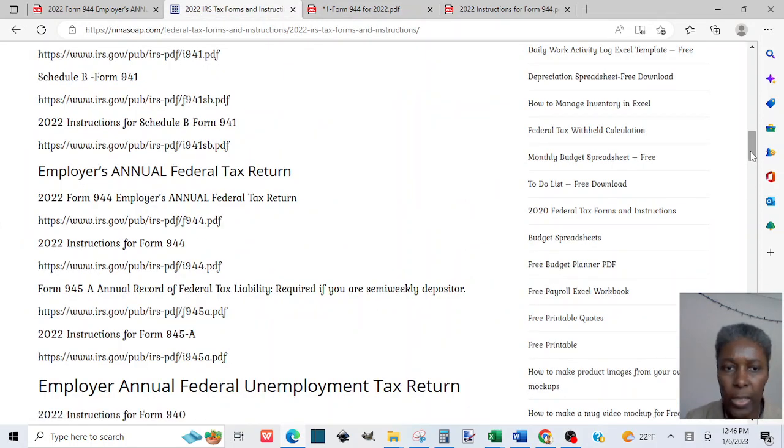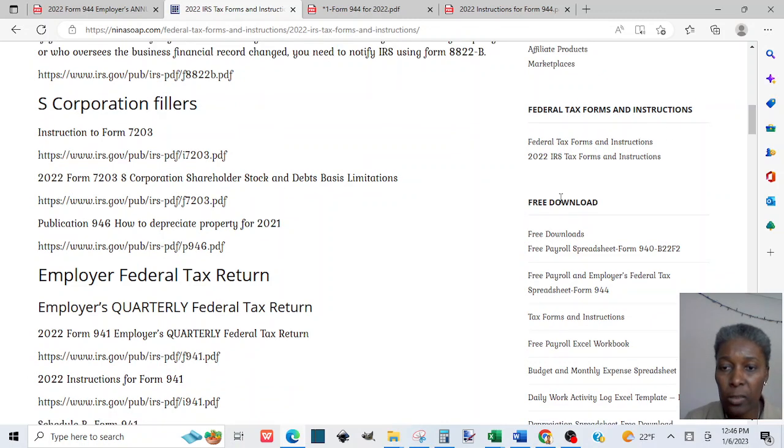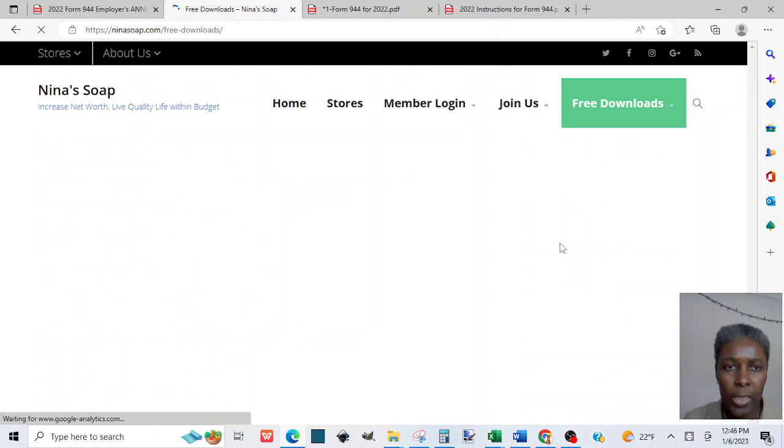Let's see if we'll be able to find it here. When you go to our website ninasoap.com, under free download, you should be able to locate it from the homepage, but let's go in.